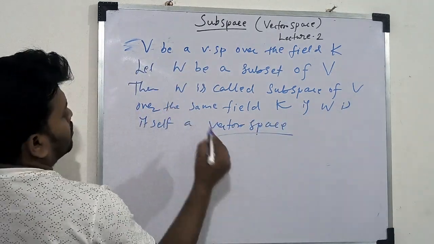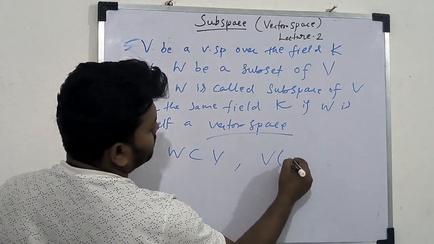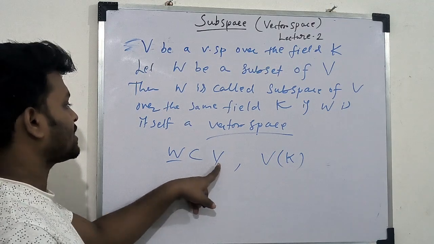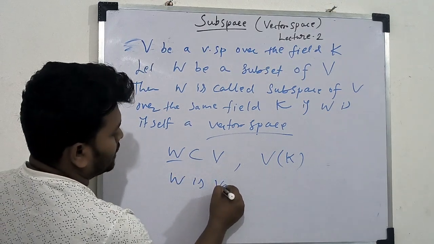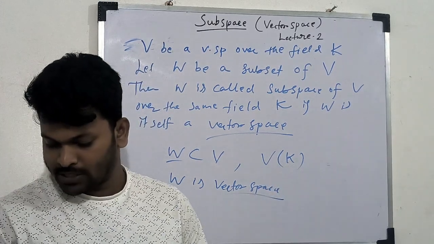Okay? So W is a subset of V and V is given already a vector space over the field K. Then we call W a subspace of the vector space V if W is a vector space. Okay? So this is the definition of subspace.